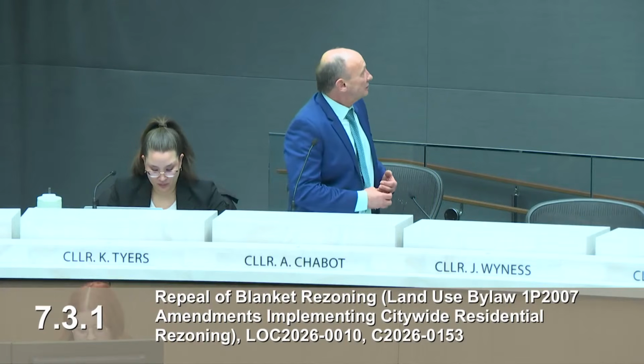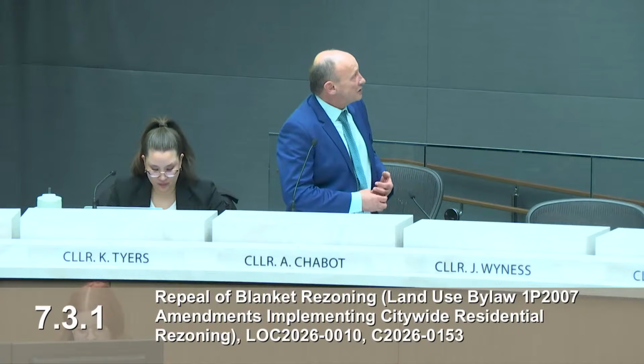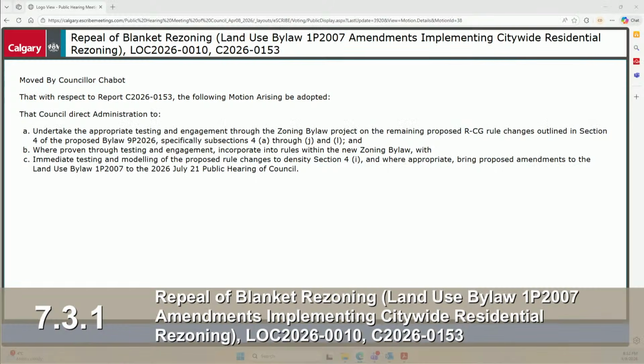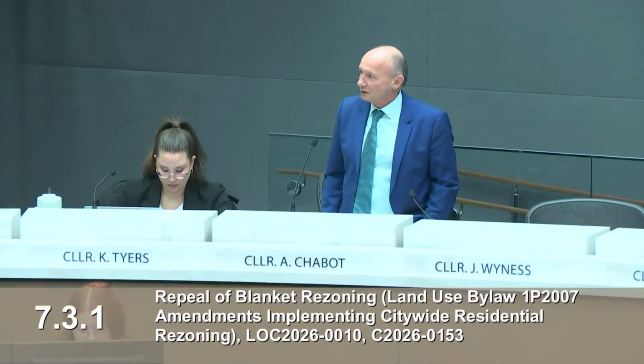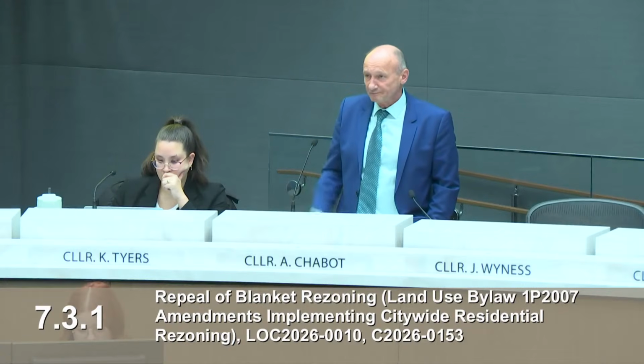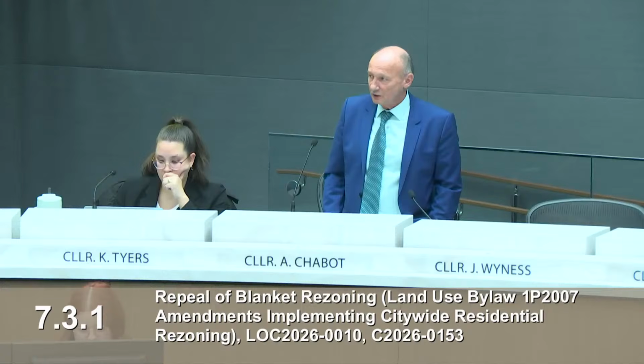So testing engagement through zoning bylaw project, remaining RCG rules as mentioned, A through J, as well as L, which is the front yard setback, which I thought maybe should have been incorporated into my amendments to start with, but at least looking at how and whether or not to reapply that back into the rules and to report back on the July 21st public hearing on whether or not those work. And hopefully council can get behind this so that we can look at whether or not we should implement it, or at least have the opportunity to do a gut check on them.